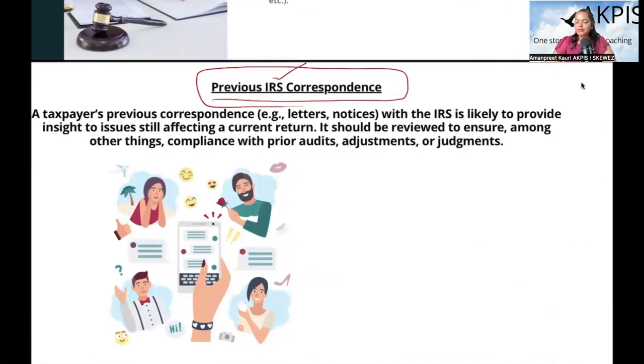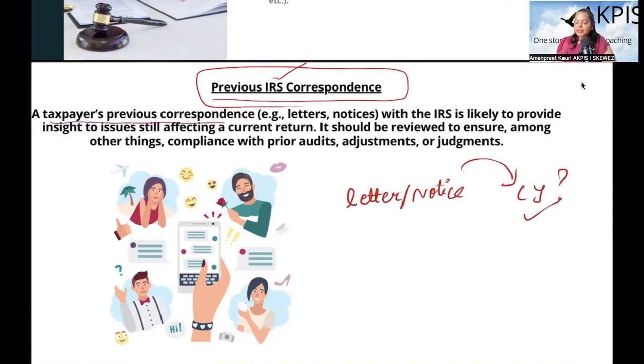If you received any notice or letter from the IRS, it will provide an insight, a base, a look into what further course of action needs to be followed in the current income tax return. For example, if you received any letter or notice from the income tax department last year, what kind of impact will it have in the current year? So that correspondence is equally important while filing the income tax return for the current year.